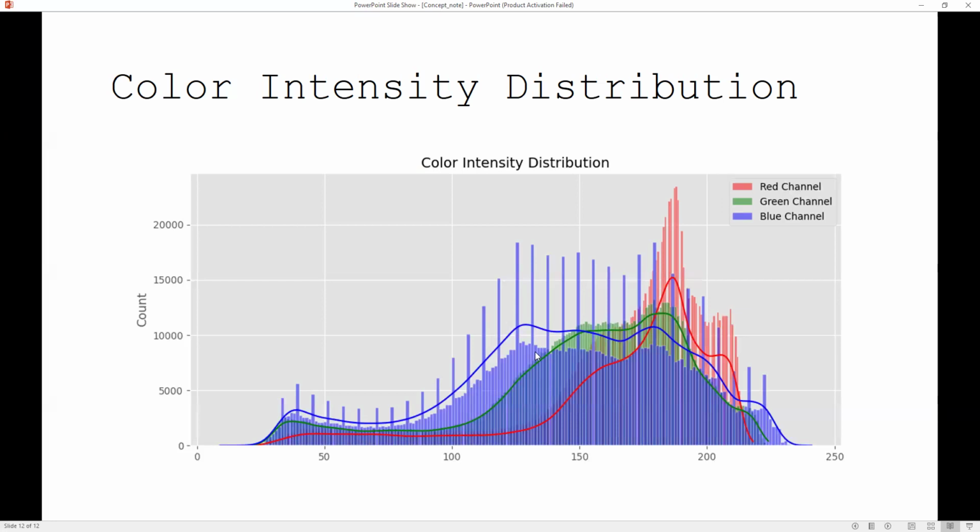Then we also realize that the intensity of green in a pixel or in an image is relatively higher compared to that of blue. So our images have few shades of blue, lots of shades of red, and moderate shades of green. So our images are light colored.